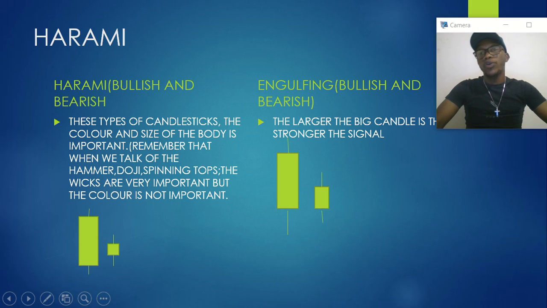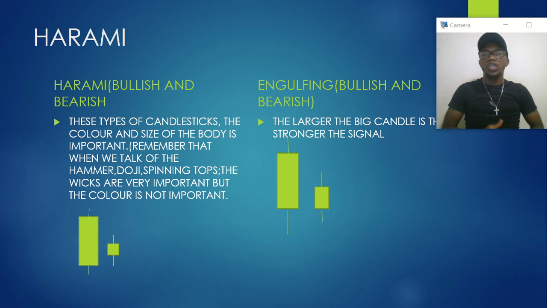There is also what we call the Harami. Harami may be bullish or bearish. For this type of candlestick, the color and the size of the body is important. Remember that when we talk of the hammer, the Doji, and the spinning tops, the wicks are very important, but the color is not important.